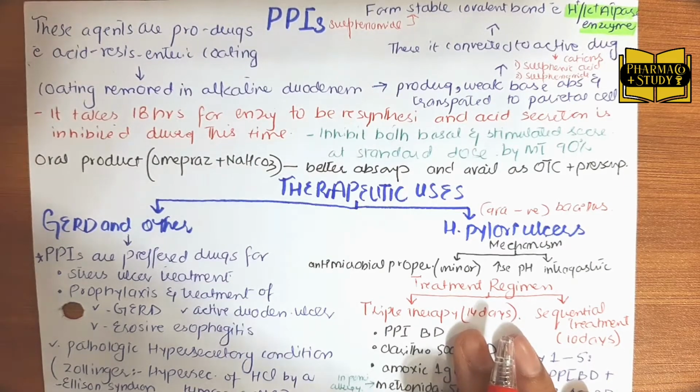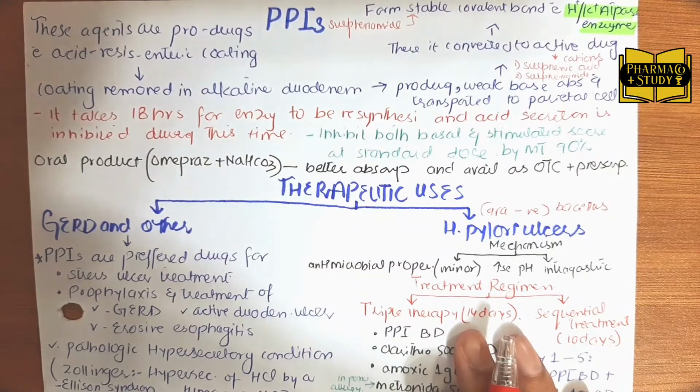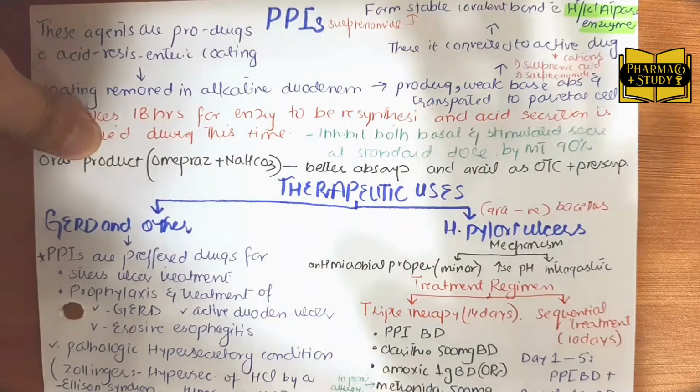As its action is in the gastric parietal cell, when the blood supply reaches the gastric parietal cell, it enters the cell and there it is converted to the active drug. This is the process by which it gets converted into the active drug.